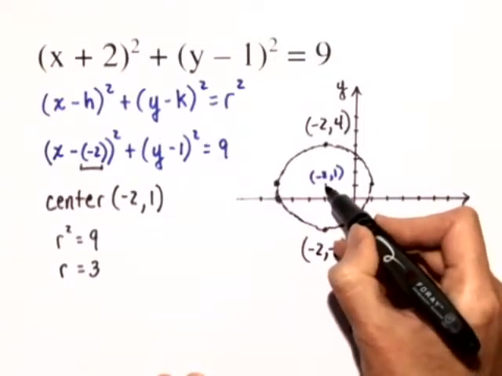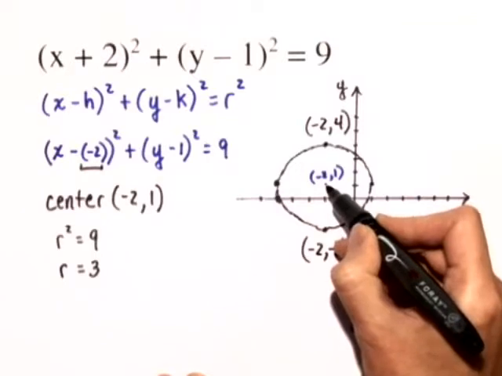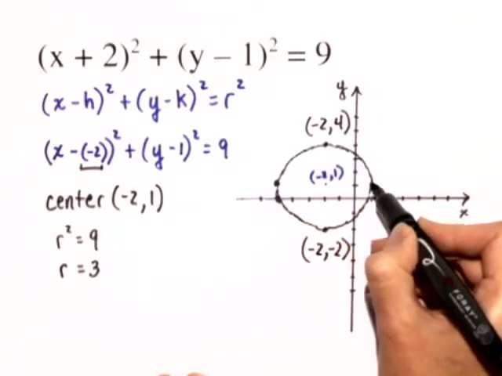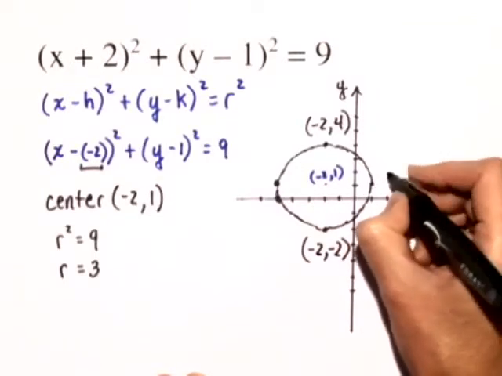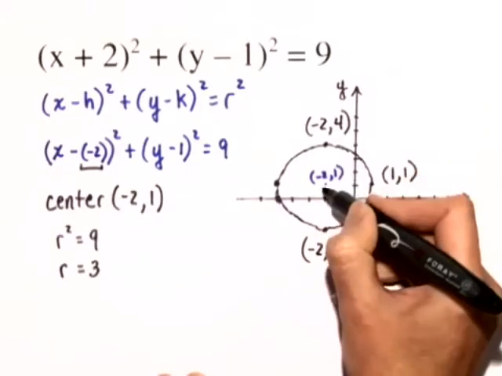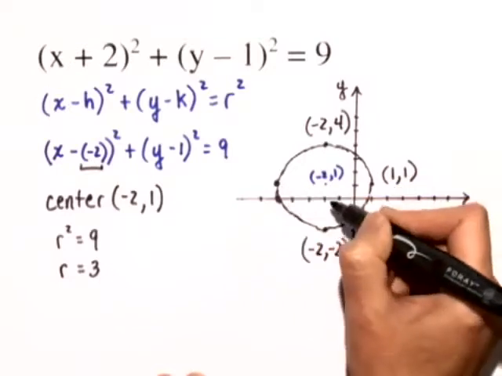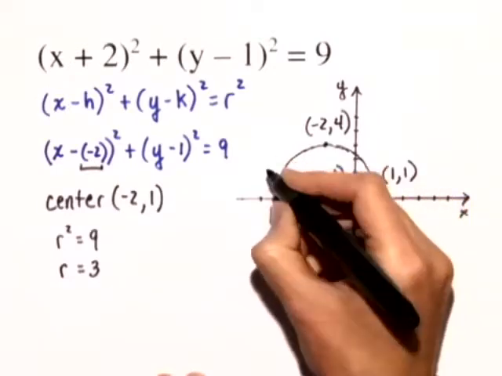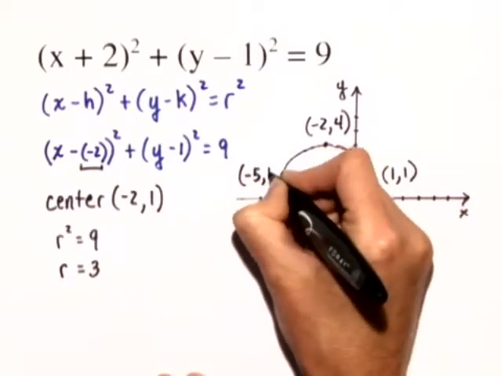Now, going back to the center of the circle, (-2, 1), when I went to the right 3 units, I really ended at (1, 1). And when I went to the left 3 units, I ended over here at (-5, 1).